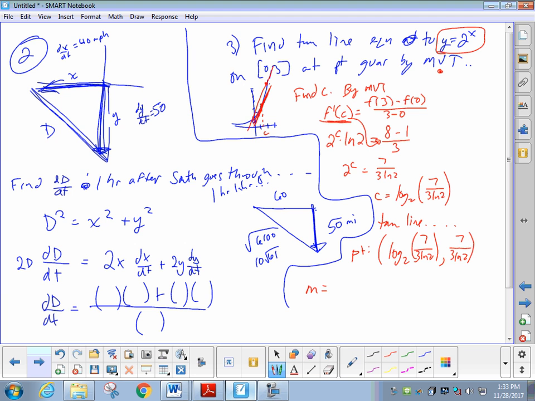Sweet. And so your tangent line equation is y minus 7 over 3 natural log of 2 equals 7/3 times x minus log base 2 of 7 over 3 natural log of 2. Boom. Okay.